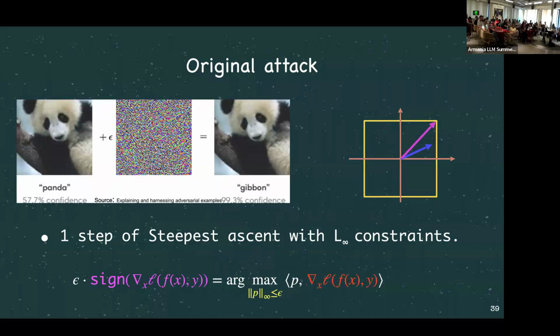If you want to be as far as possible from the input, you want to be on one of these corners. You want to saturate all the pixels to plus or minus epsilon. This is way easier to do using the sign of the gradient, which really pushes it to the top. You follow the direction and then make sure to clip to the correct values in order to stay within the constraint.